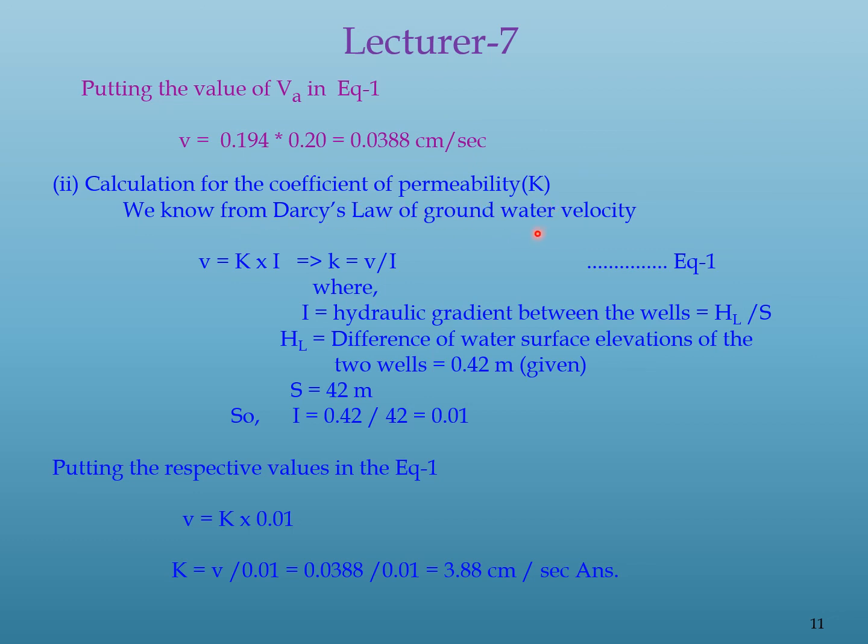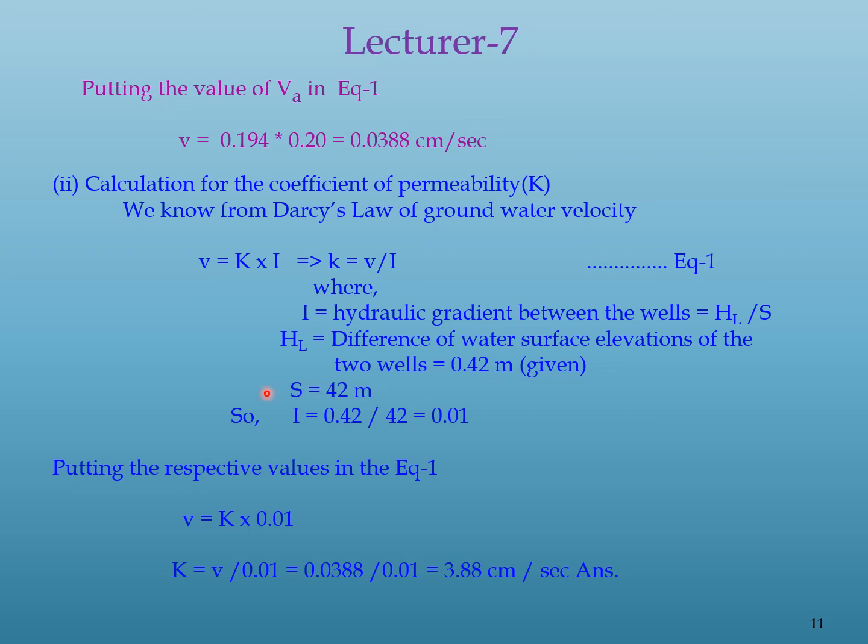Now we will calculate coefficient of permeability K. From Darcy's law we know v equal to K into I. From this equation we can write K equal to V by I, where I equal to hydraulic gradient between the wells, which can be calculated using equation HL by S. Also, HL equal to difference of water surface elevation of the two wells, which is given in the question as 0.42 meter.